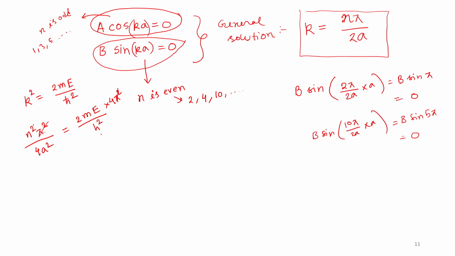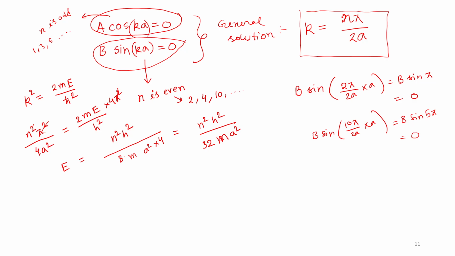So we got the energy value is going to be n square h square by 8 m a square into 4 is still there, that is n square h square by 32 m a square. So see, earlier for particle in a box we used to get 8 m l square, right? But for this case we got 32 m a square. I'll come back to why we got that.